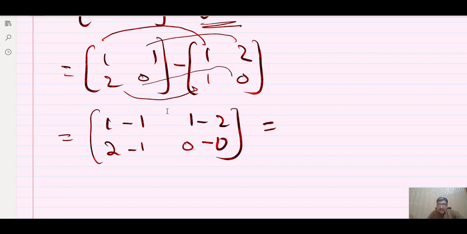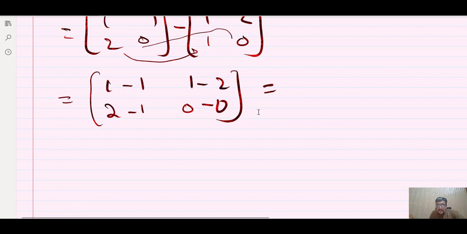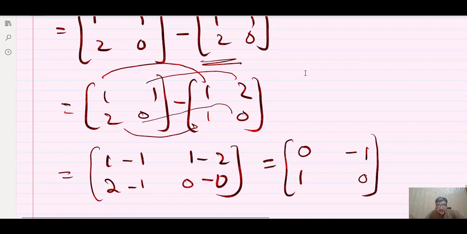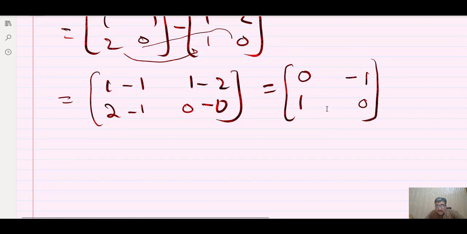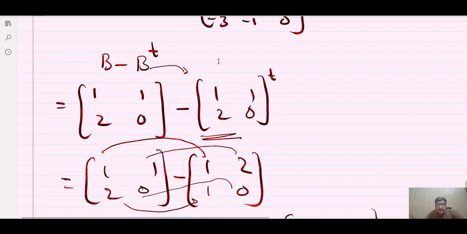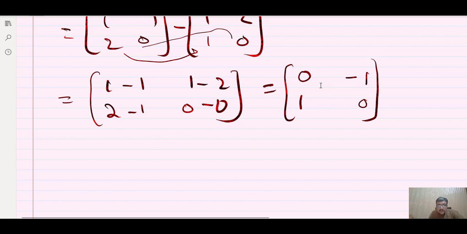So if you simplify this, 1 minus 1 gives you 0, 2 minus 1 gives you 1, 1 minus 2 gives you minus 1, and it will be 0. So if you see, this is not the answer. This is just the value of B minus B transpose. Now you have to take the transpose of B minus B transpose.